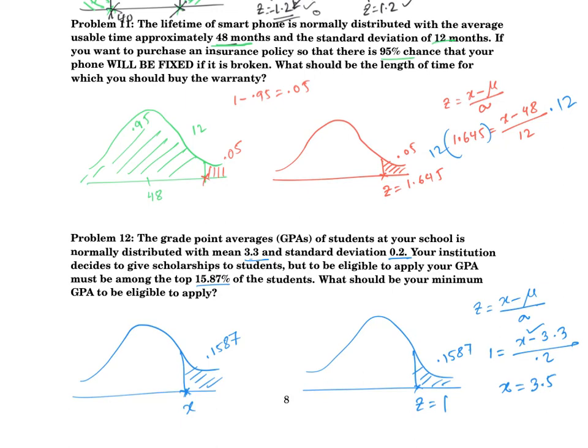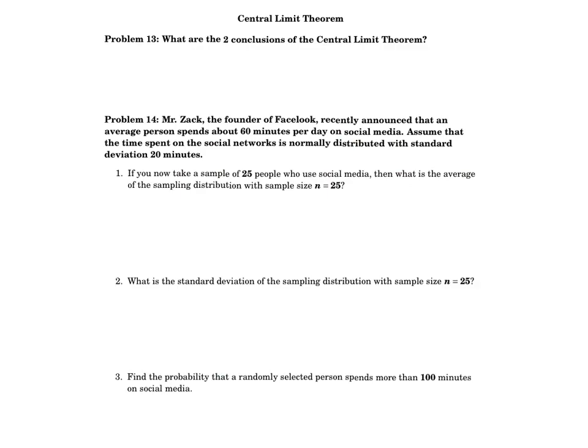So that takes care of this. Now let's talk about the central limit theorem. CLT, or the central limit theorem, is central to the study of probability and statistics, okay? And there are two conclusions. Remember, if your sample size is greater than or equal to 30, the mean of the sampling distribution, which is mu sub x bar, is the same as the mean of the population.